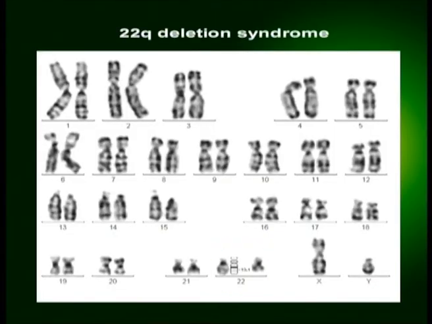The patients will have a round face, and most often the individuals will have mental retardation. This is also an example of chromosome number 22 long arm deletion.